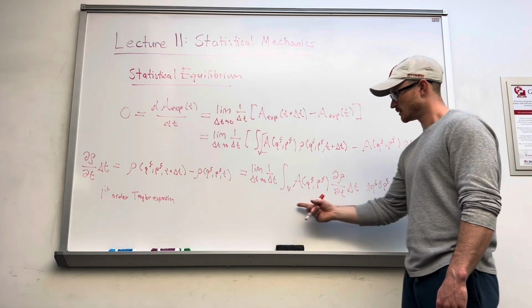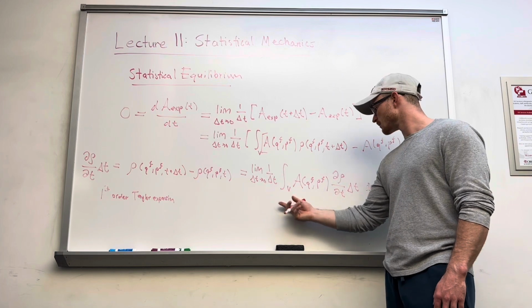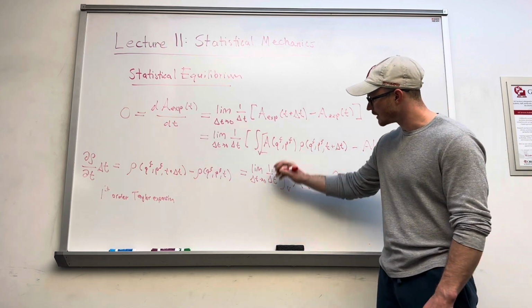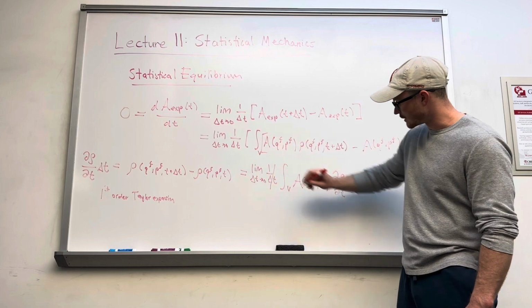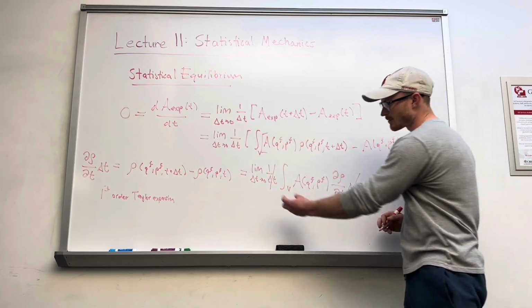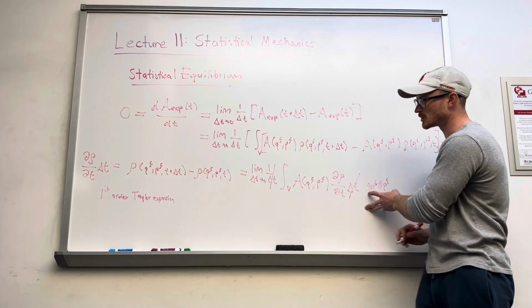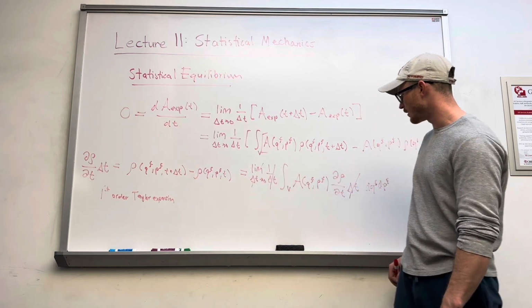Delta t is not affected by this integral, it's a constant, so we can pull it out and it's going to cancel with this delta t. We now have no delta t dependence in the equation, so this limit doesn't matter, we can ignore it.